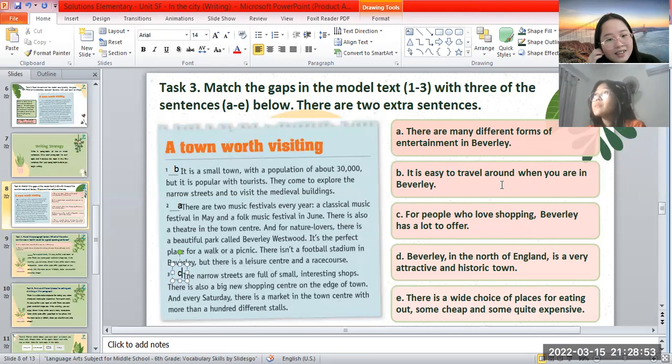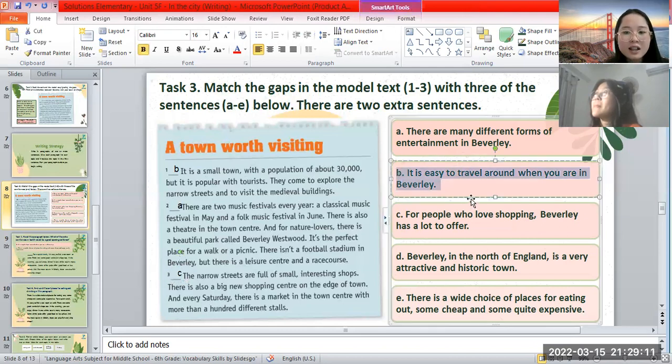Okay, I just read these two sentences. Do you think there is any relation between them? In sentence B, they said that it is easy to travel around when you are in Beverly. That means the paragraph should mention the transport, like the bus or the car, or the airport.